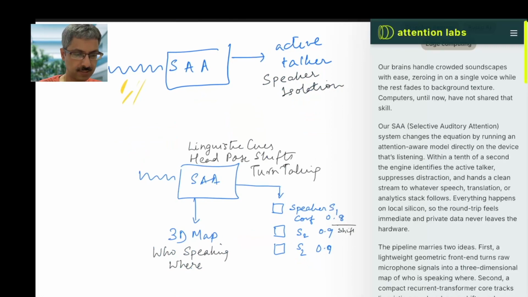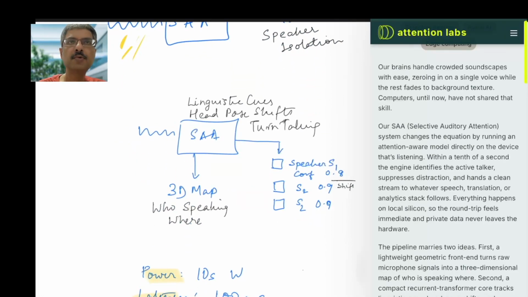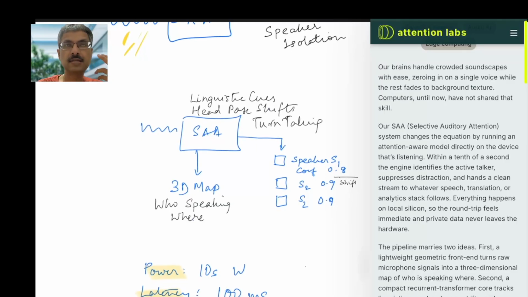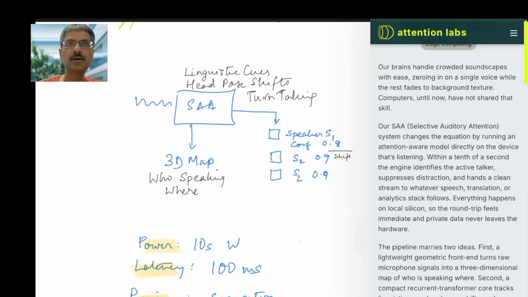How it does that is the SAA module looks for linguistic cues in the audio it's hearing, head pose shifts, and turn taking. These are three different modalities that it takes. It perceives and outputs a 3D map of who's speaking where, and by building that, it is able to figure out who's the active speaker and who it should pay attention to.